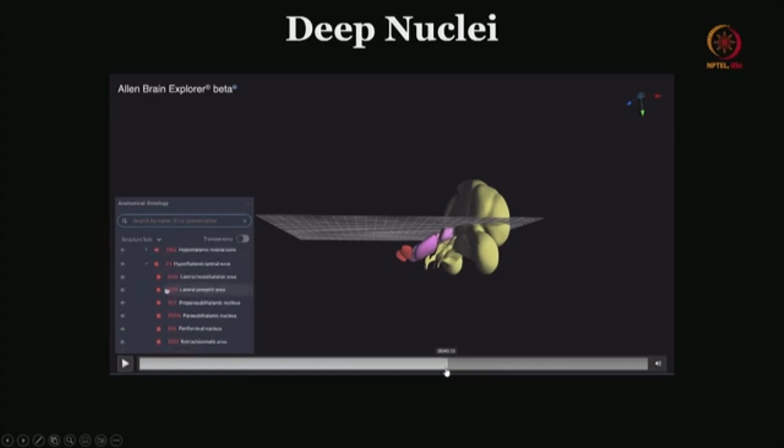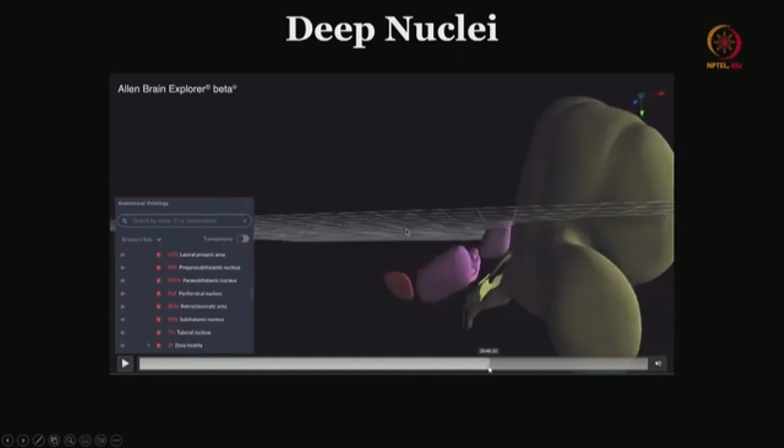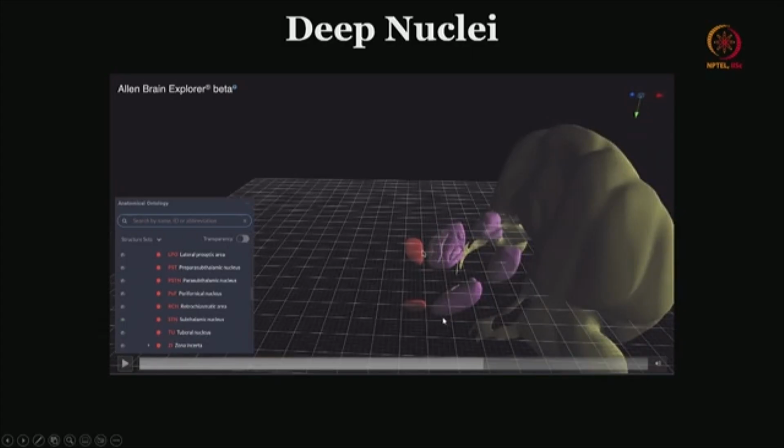So, let us look at that a little bit in detail. You can see various subnuclei that are part of the substantia nigra there, and this is what is known as the pedunculopontine nucleus, which is part of the midbrain. So, all these nuclei belong to this entire pinkish structure, which is the midbrain.